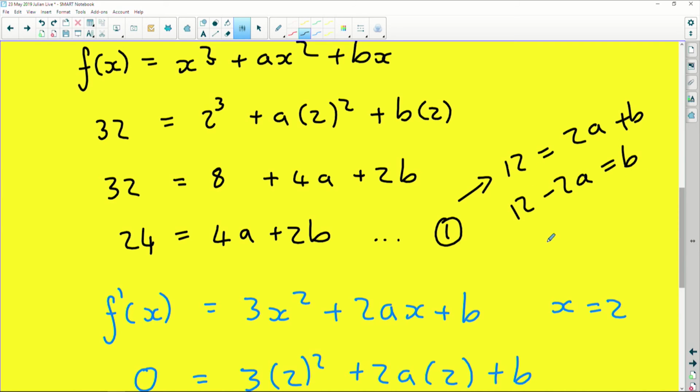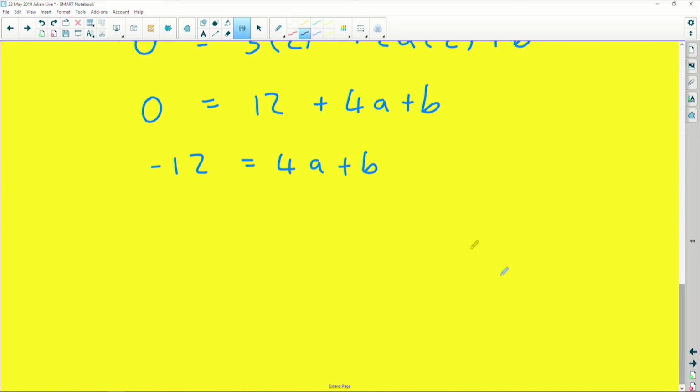And I'm going to substitute this into equation number 2. So what I'm going to have is negative 12 is equal to 4a, and my value that I just found for b is going to be plus 12 minus 2a. Now you can see I've got one variable in my equation.